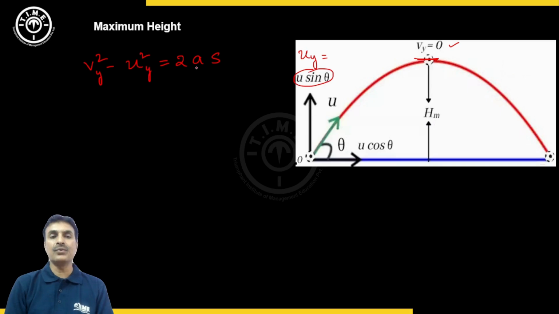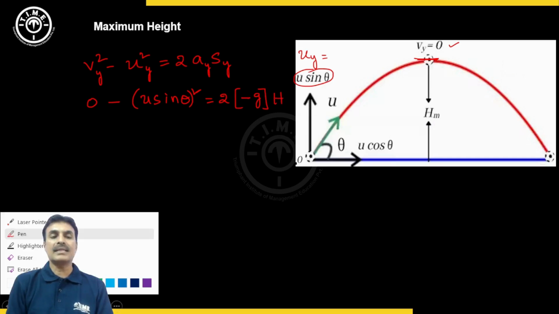Vy, uy, a in the y direction, displacement covered in the y direction. See, vy is 0 minus uy, which is u sin theta, whole square, is 2 times the acceleration in the y direction, which is nothing but acceleration due to gravity against the direction of motion of the body, so minus g. Displacement is nothing but h.